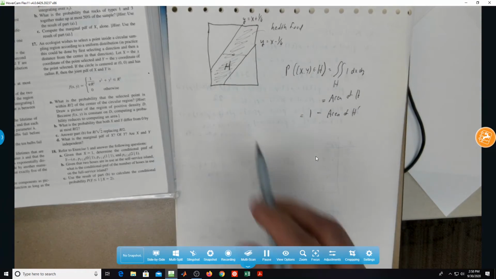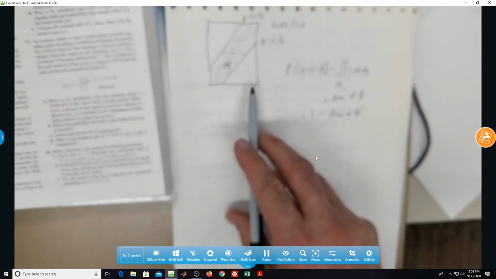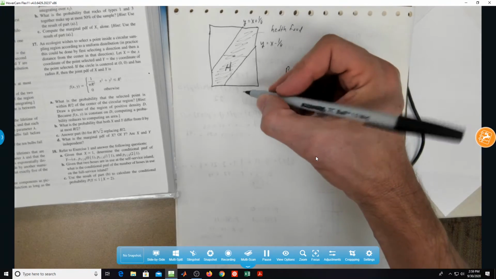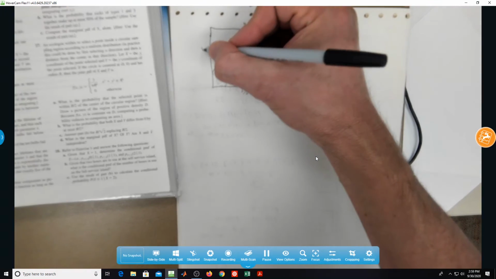If we think about this, we have nice triangles here, so we can figure out one half base times height. The base of this triangle is 5/6 and the height is 5/6.